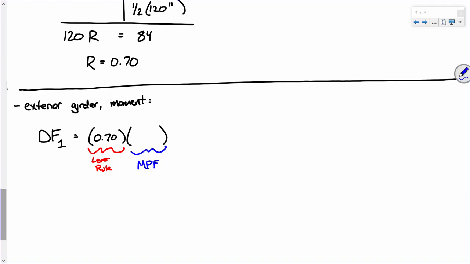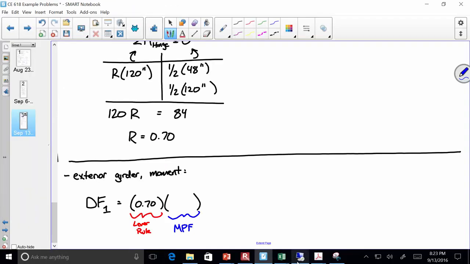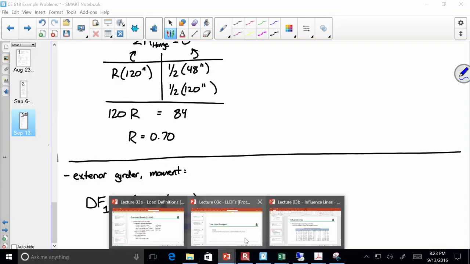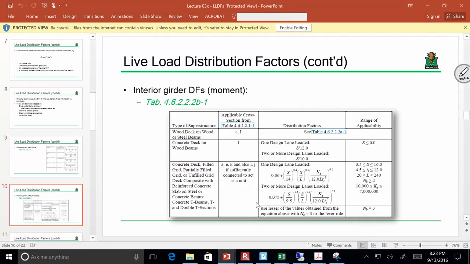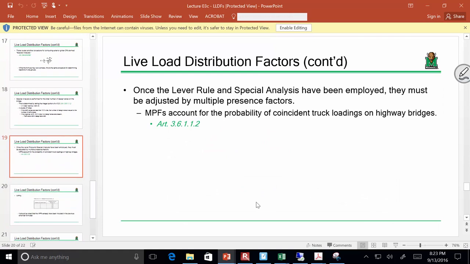All right, everybody caught up? Now this is where, unfortunately, we hop back and forth between different sections of the code. I know it happens. You've got to get used to it. Going back to this presentation. Remember, multi-presence factors are intended to account for those coincident loadings.